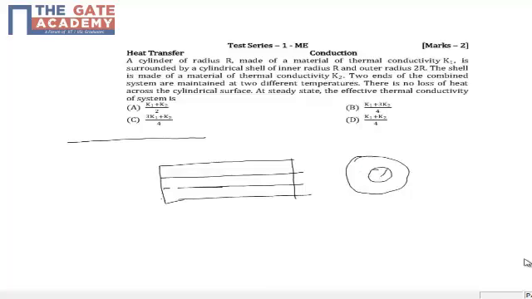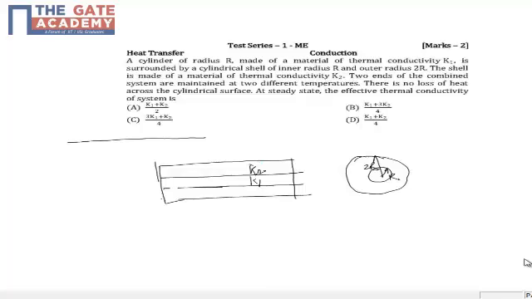this is r and this is 2r. This is material K1 and this is material K2. Thermal conductivity, different material, different conductivity. The two ends of the combined system are maintained at different temperatures.